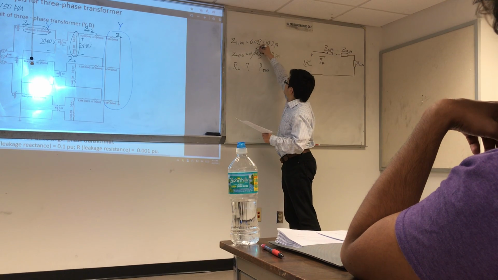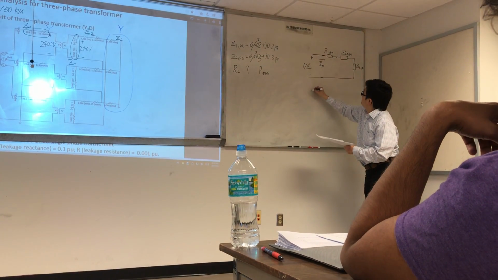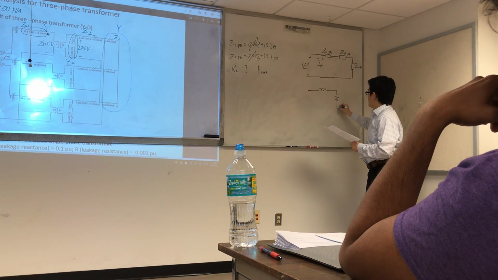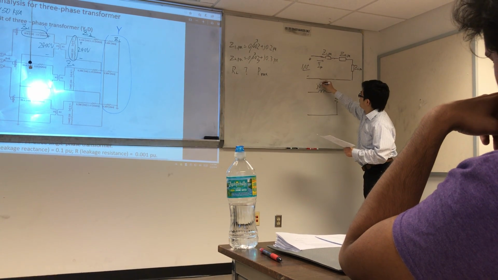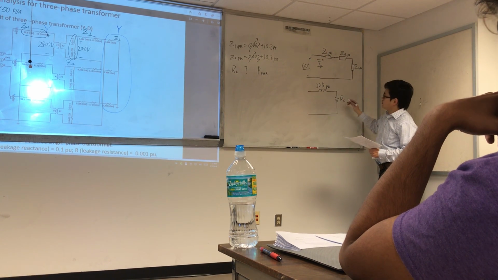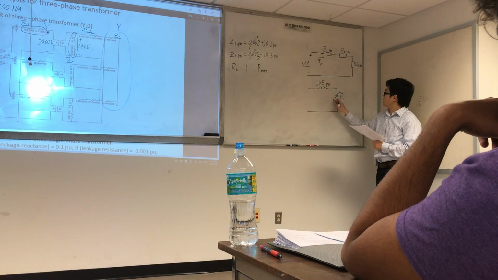So let's ignore the real part. Your circuit is more simplified. This is just the inductor, and this is your R. This one is j0.5 per unit, and R we don't know. We can verify it by changing this value.